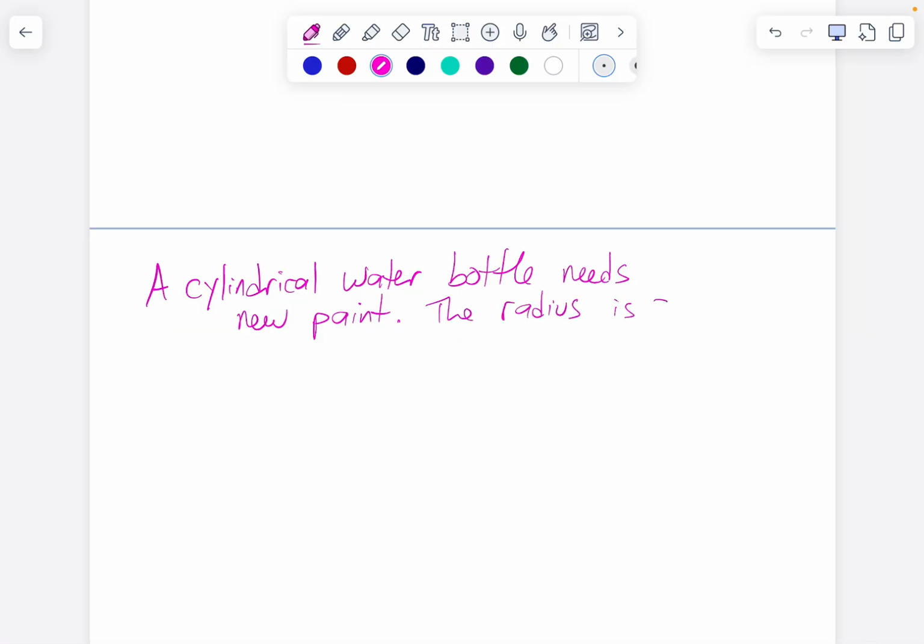The radius is 2 inches and height is 10 inches. How much paint? Okay. Let's hold to like a minute and a half or so.